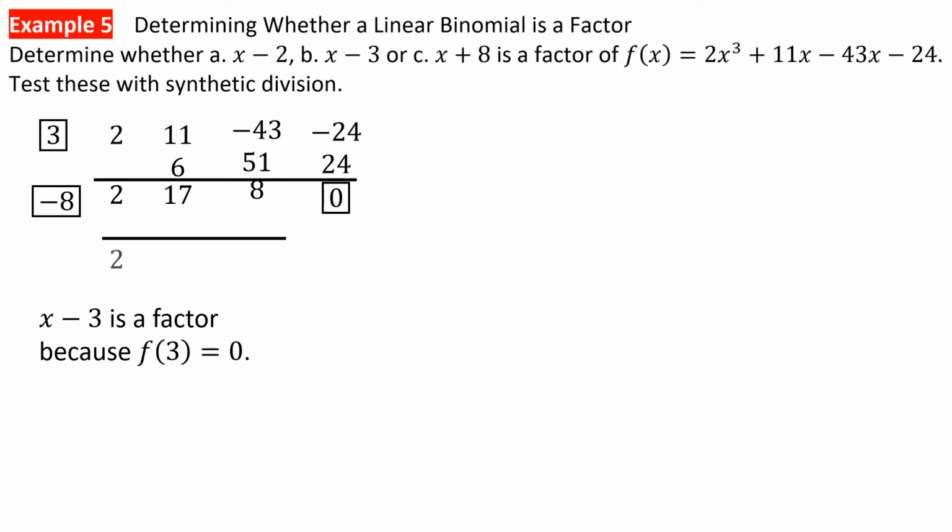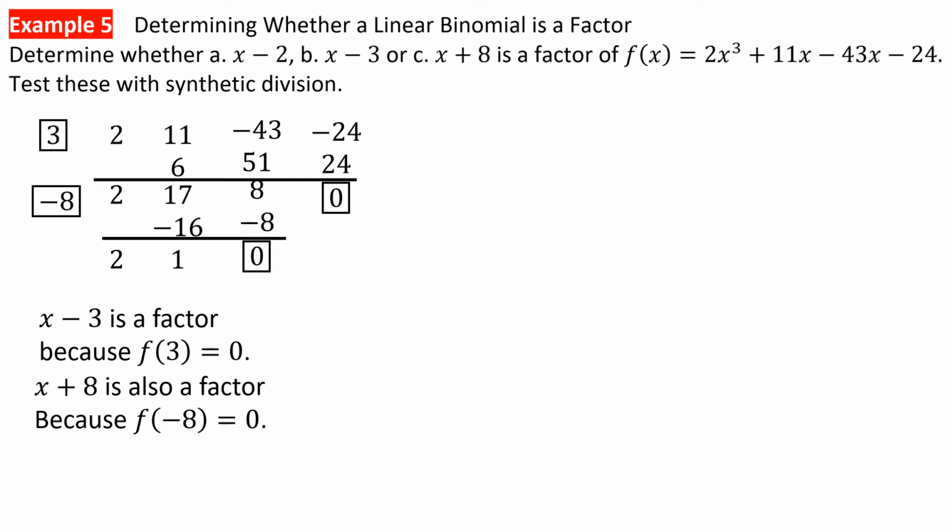We can bring down the 2, multiply times negative 8, get negative 16, add and get a 1. Negative 8 times 1 is negative 8. And second time around, we also get a remainder of 0. So that's wonderful. It tells us that x plus 8 is also a factor, because when we plug that in, we come out with 0 as a remainder.